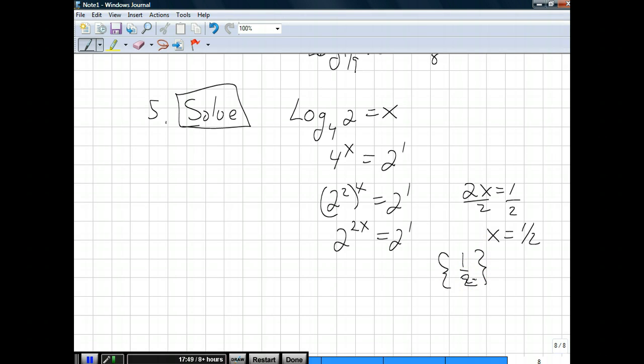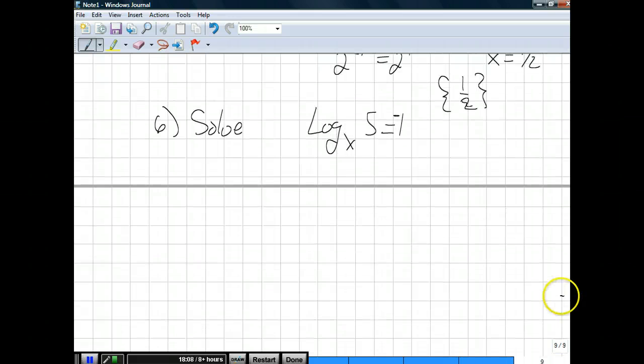Okay, and the last one, again, it says solve because it's already set up as an equation for you. But in this case, we're looking for the base, but the process is still the same. If it's in log form, take it out of log form and put it in exponent form.